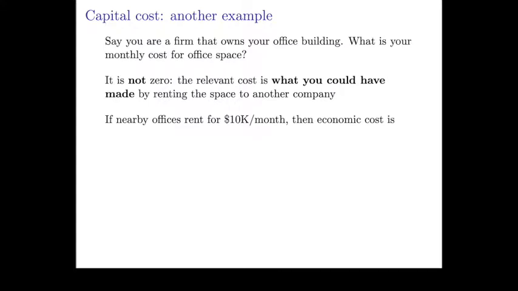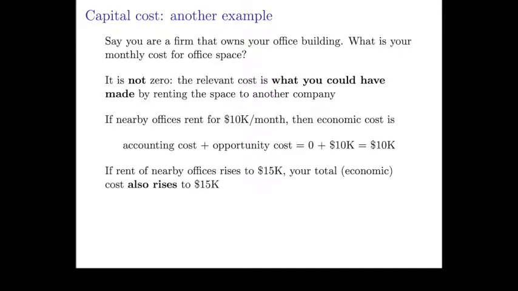The relevant cost here is going to be, what's the amount of rent you could have charged if you had rented this space out to someone else? So let's say the going rate right now is $10,000 a month. Let's say nearby comparable properties are renting for $10,000 a month, then the economic cost really is $10,000 a month. It's not zero, even though you own the place.